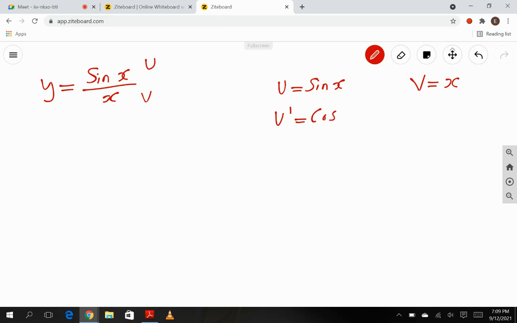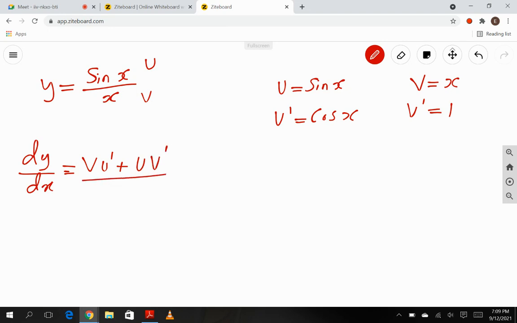This is cos x, then this is 1. So we know the formula we use. So it's v u prime plus u v prime, isn't it? Primes, we know it's just after you've differentiated something. Of course, it's going to be over v squared, right?